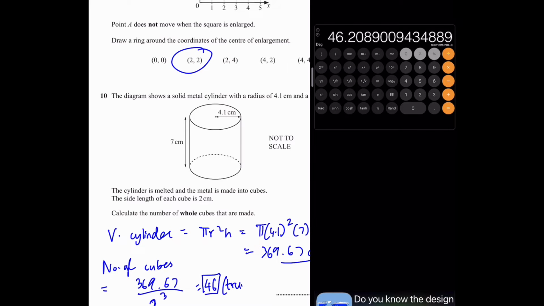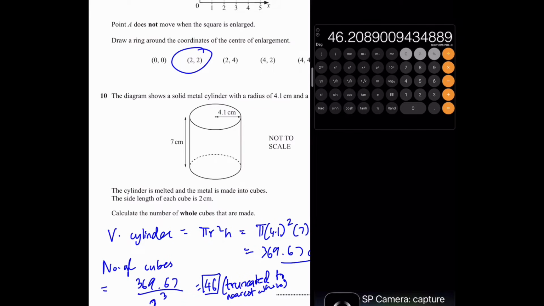And in this case, it's truncated to the nearest whole number. Why do we truncate this? Well, even if you rounded it off, in this case, since it's 46.2, it'll give the same value. But then, let's just imagine that the answer was somehow 46.8. Then the answer is still 46 and it's not 47, because you cannot make another cube with only 0.8 of what is required, right?